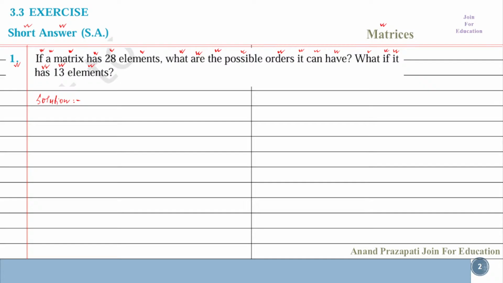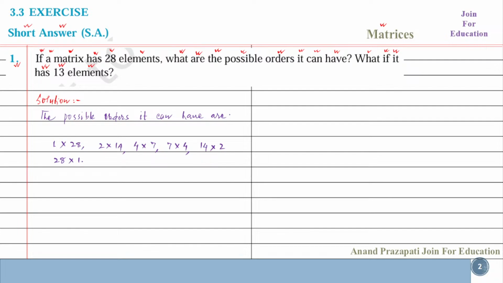The possible orders it can have are 1 by 28, 2 by 14, 4 by 7, 7 by 4, 14 by 2 and 28 by 1.